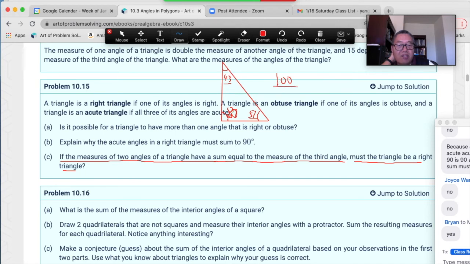But this 100 is not equal to this third angle. They said if the sum of these two angles equals the third angle, then they ask you if this is a right triangle. So the example you give here does not work. Okay, so now let's see here.